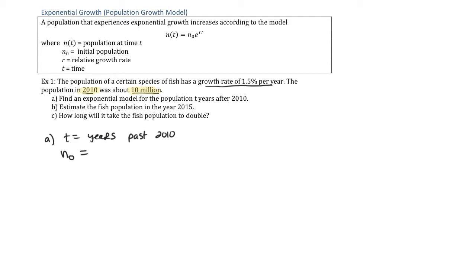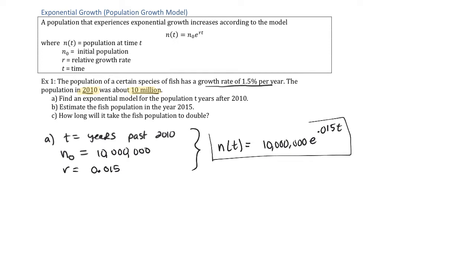And then our rate in these problems, we're going to write 1.5% as a decimal, 0.015. So putting that together, our equation is N of t equals 10 million times e to the 0.015t. There's our model.